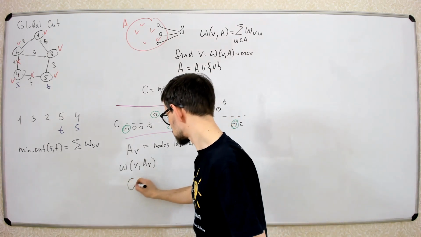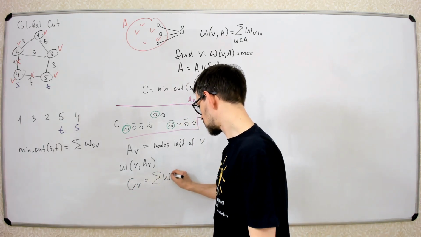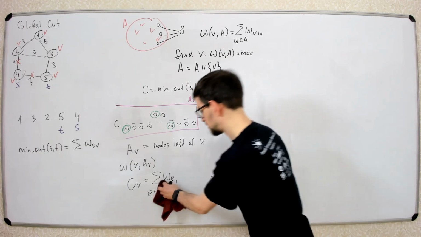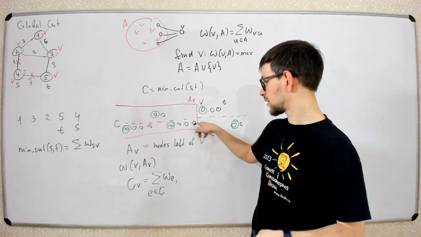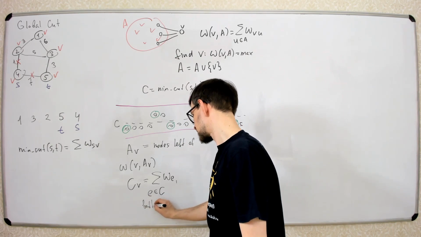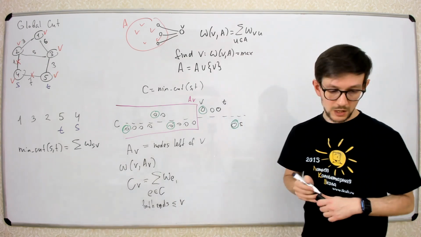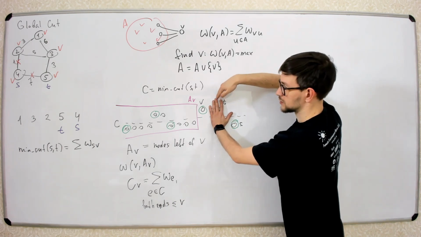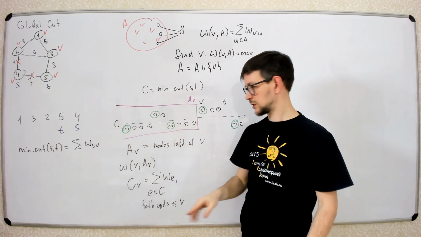CV will be the total weight of edges such that this edge belongs to the cut C, and both ends are in this part, up to V. So we remove all the other nodes and look at all the edges in this area. The total weight of all these edges is CV.